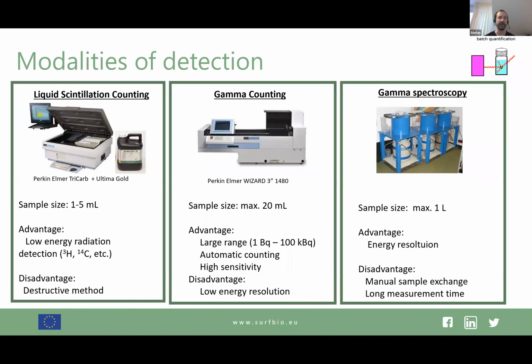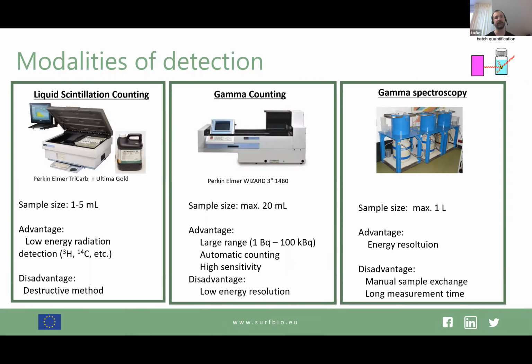If we have very low energy radiation, like the ones that wouldn't leave our sample, we have to use liquid scintillation counting, where we basically have a liquid scintillator, which comes in these batches. It's basically a mix of organic polycyclic aromatics and some surfactants.